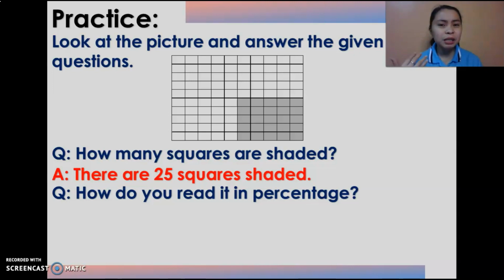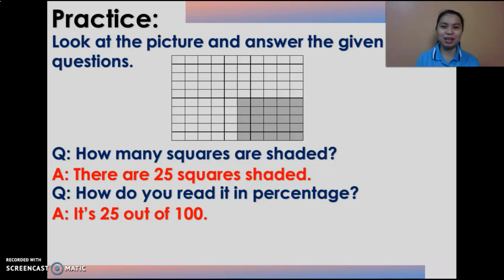Okay, second question. How do you read it in percentage? That would be, it's 25 out of 100. Okay, one more time. Okay, great.